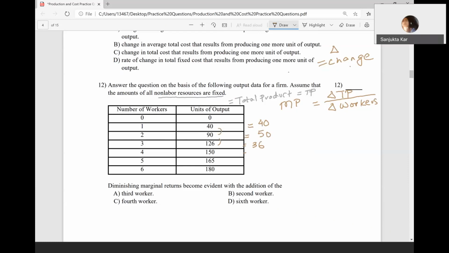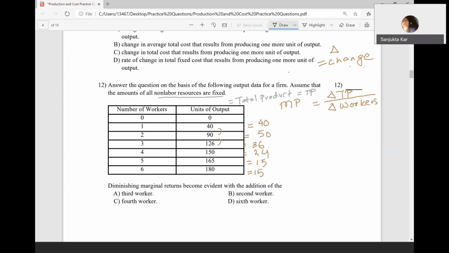The next one is 150, from that, we take off 126. So this one will be equal to 24. So the next number is 165 minus 150. This one will be 15. And the next one is 180 minus 165. So this is also going to be equal to 15. Okay.